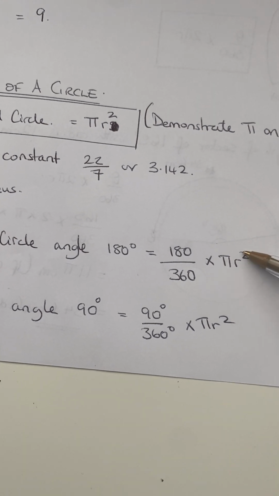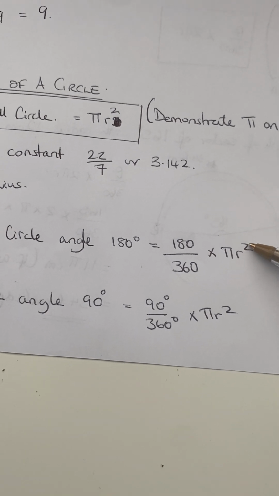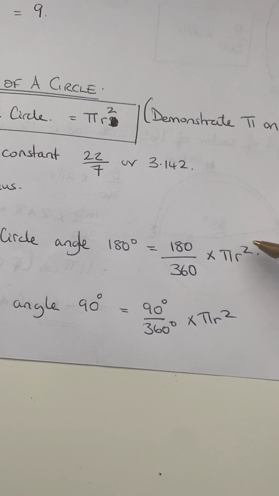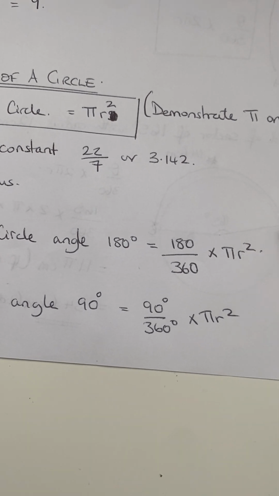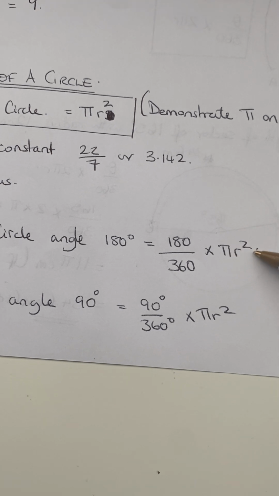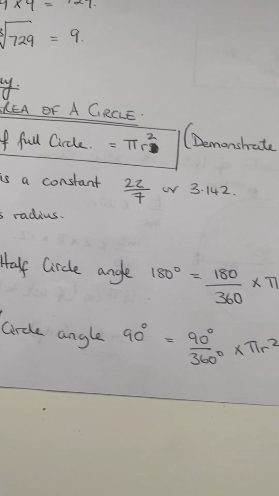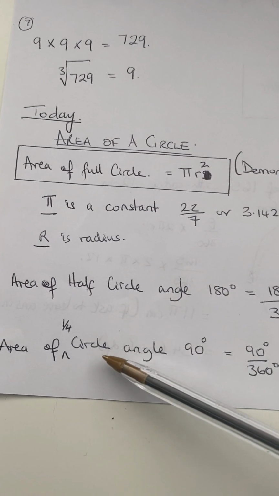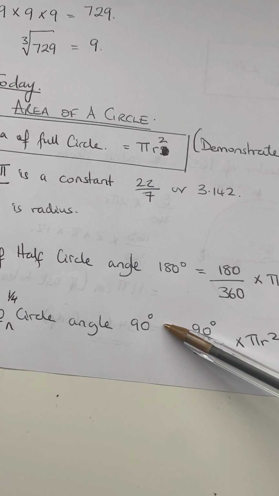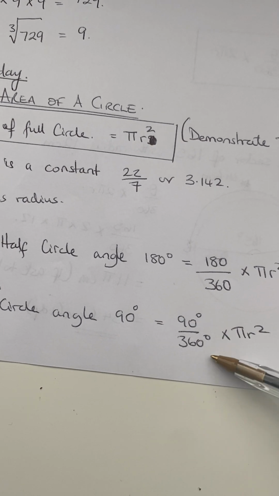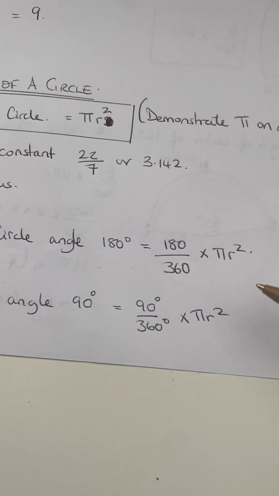Okay, watch this here, we have r squared. That's why whatever you need to get, it will be centimeters squared or meters squared, because the length here, which is the radius, has been squared. Okay. Now, so area of a circle 90 degrees will be 90 over 360 times pi r squared.